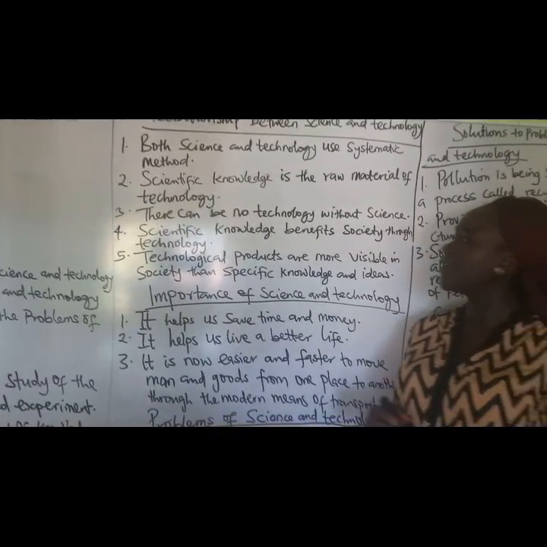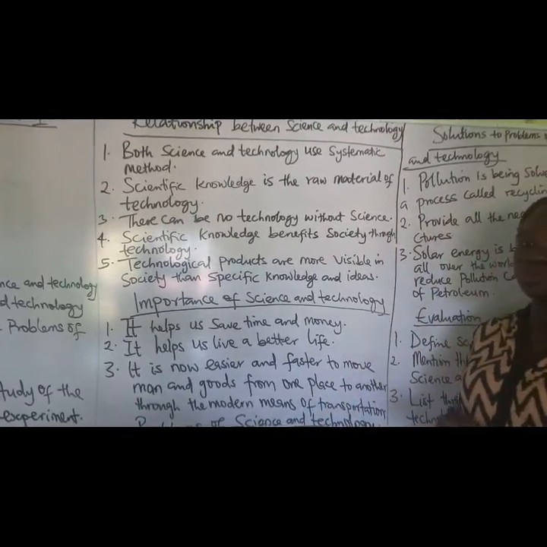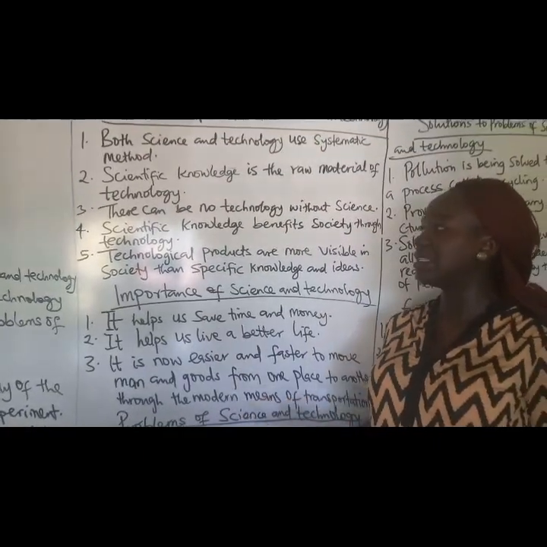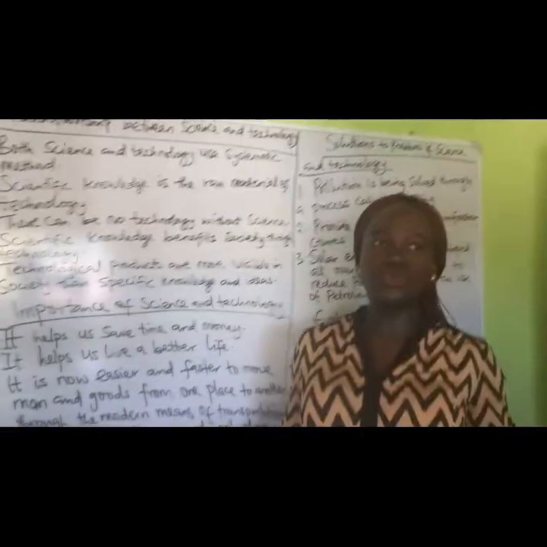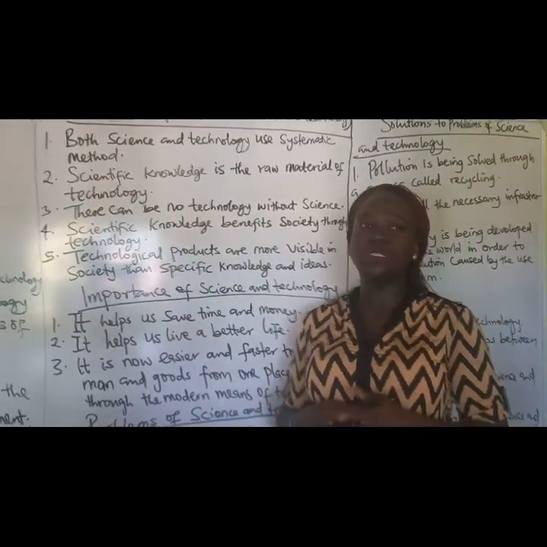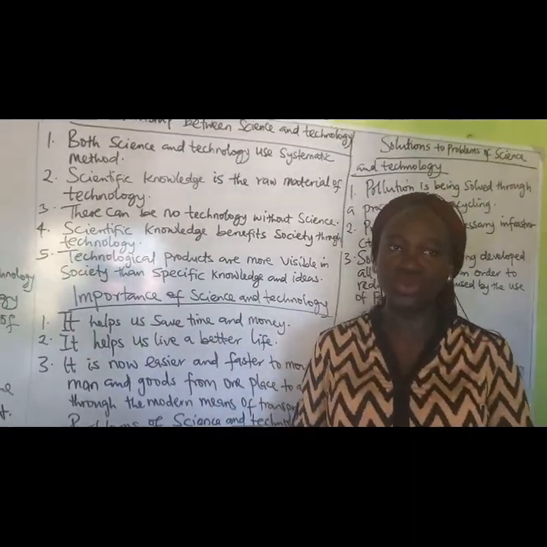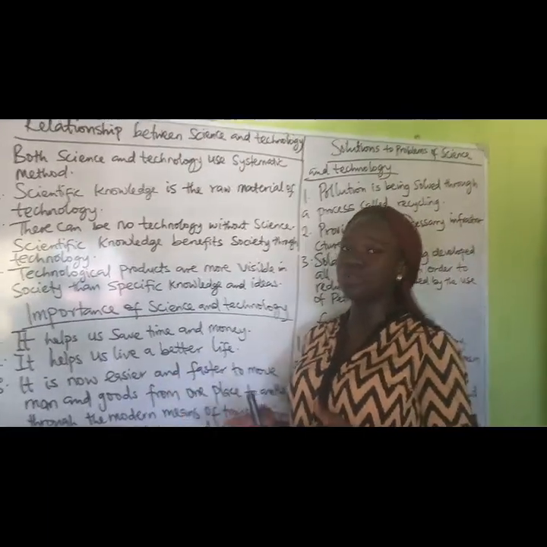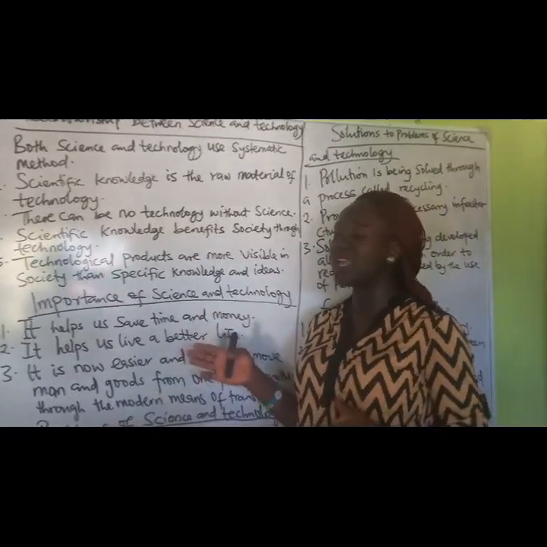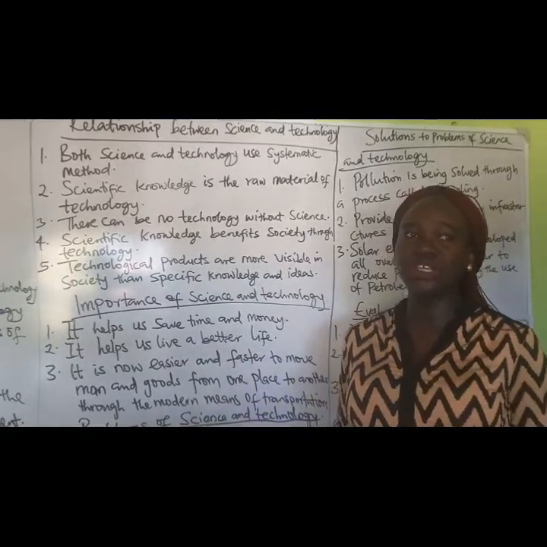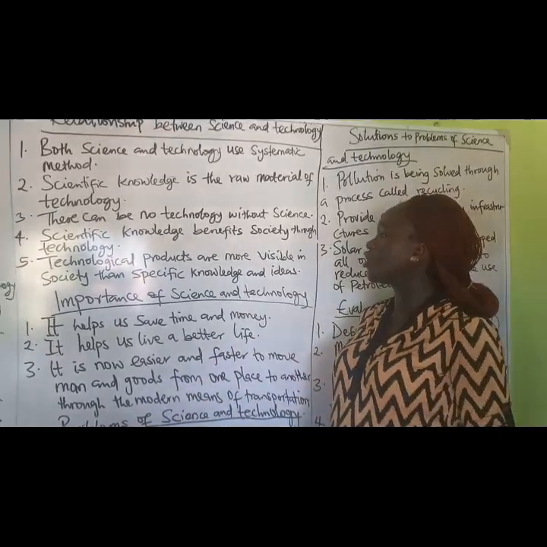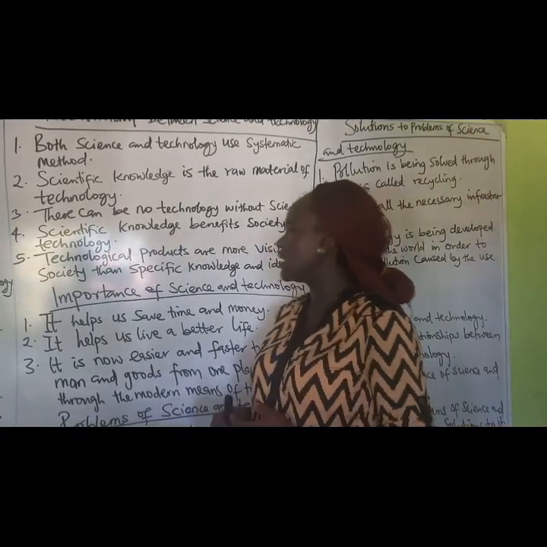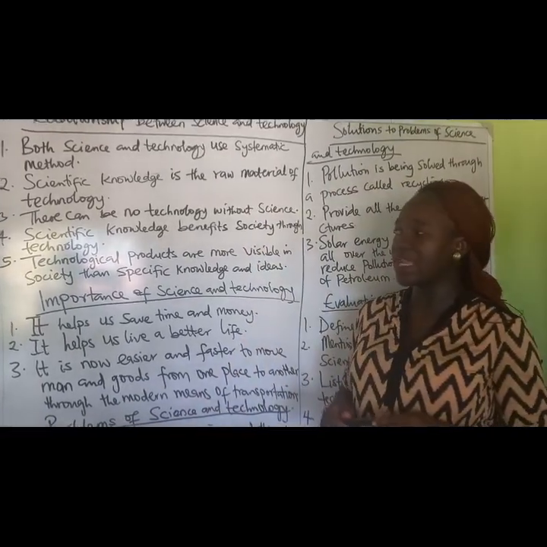Again, scientific knowledge benefits society through technology. It's with this technology that a scientist can fulfill what he or she wants to produce. Remember what I said before? In the course of production, you need scientific knowledge. The technological products are more visible in society than specific knowledge and ideas.